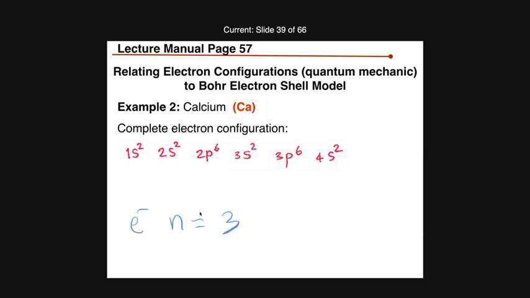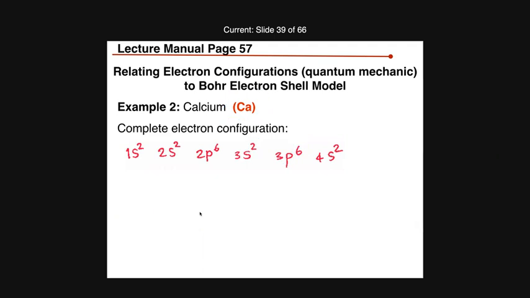You will need to understand that the number that comes before the letter refers to n. So if you want to know how many, all you need to do is count the electrons, which are the superscripts, and add them together. Therefore, there will be 8 electrons when n equals 3 for calcium.